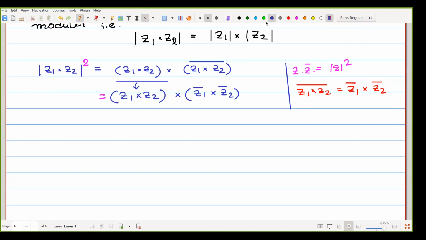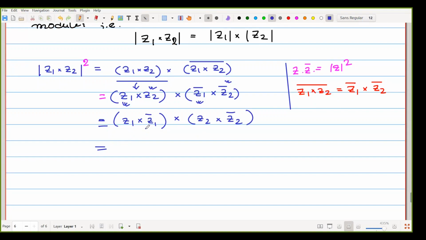Then we are proceeding here. Now, that means we are writing z1 into z1 bar and that into z2 into z2 bar. Now the same thing is happening here.